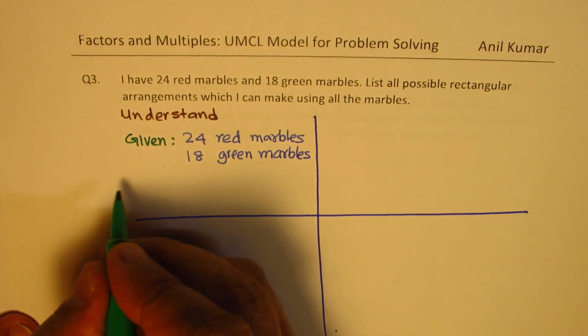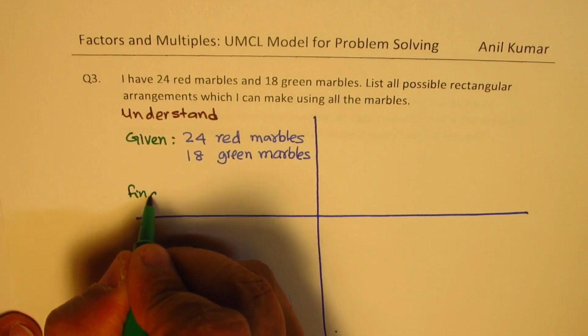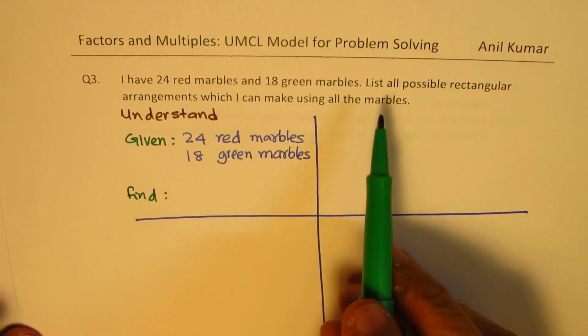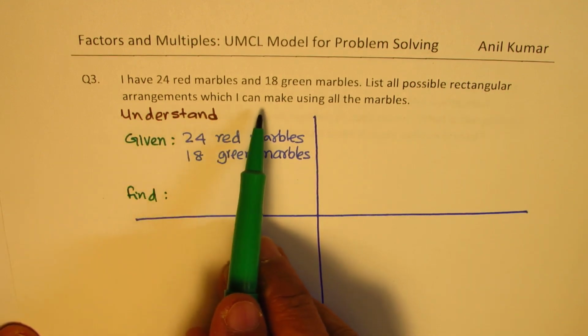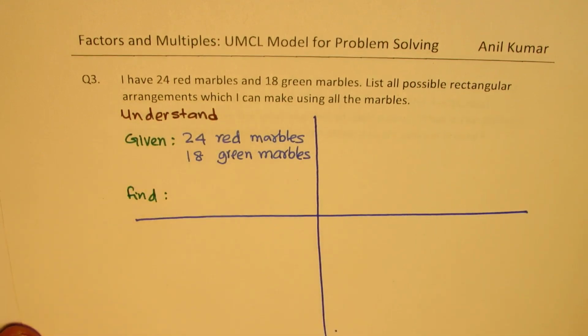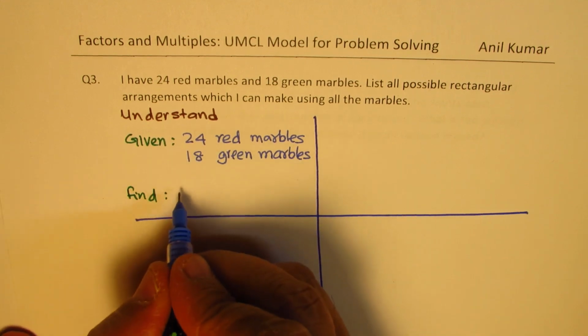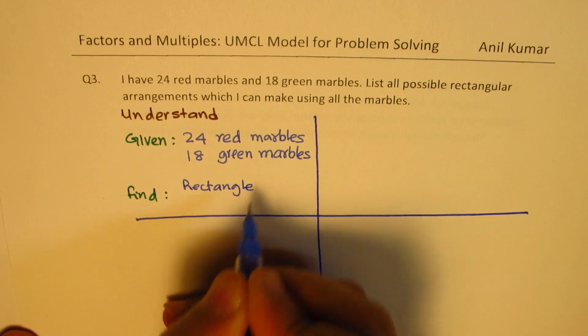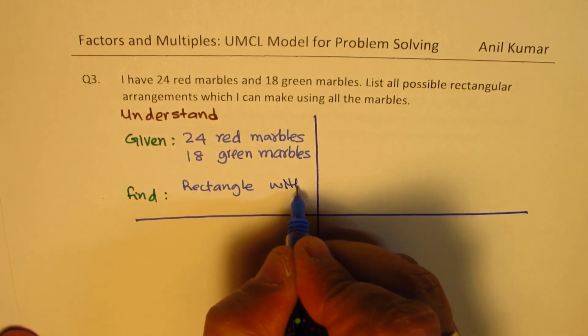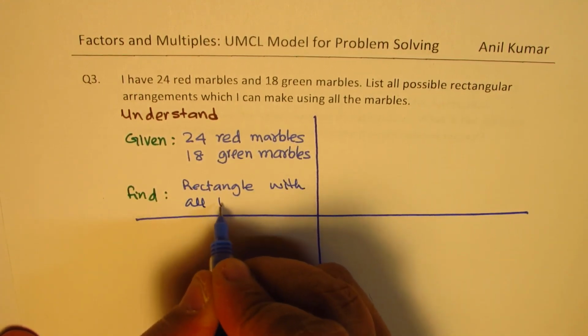And what do we need to find? List all possible rectangular arrangements which I can make using all the marbles, right? So we want rectangles with all the marbles.